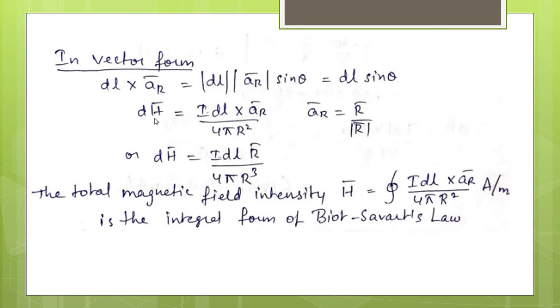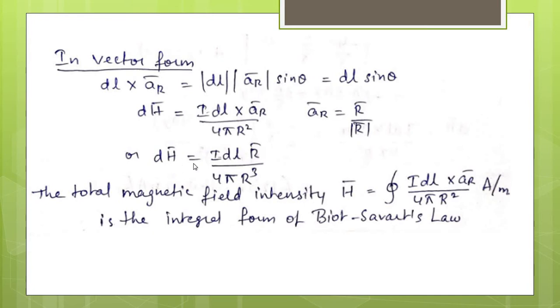Now in place of dl sine theta, we can substitute this term dl cross ar. So dH is equal to, this is the equation we got in the previous case, that is according to Biot-Savart law, dH is equal to I dl cross ar by 4 pi r square. In place of this dl cross ar, we can substitute this term, and in place of ar we need to write the equation for ar, which is equal to the vector r divided by its magnitude.